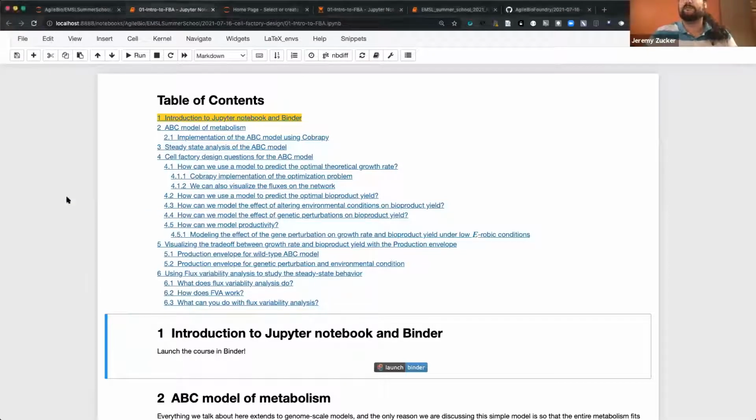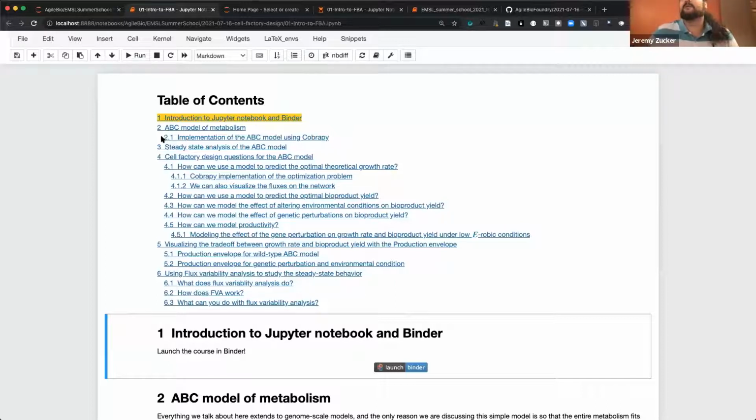So I'm just going to give you a quick intro to kind of an outline of what we're going to be talking about today. So I'm going to be describing how to perform cell factory design, but I'm going to use a very, very simple model. And I'll talk about how you do steady state analysis of this model, and then I'll focus on some questions that we would like to be able to answer with cell factory design.